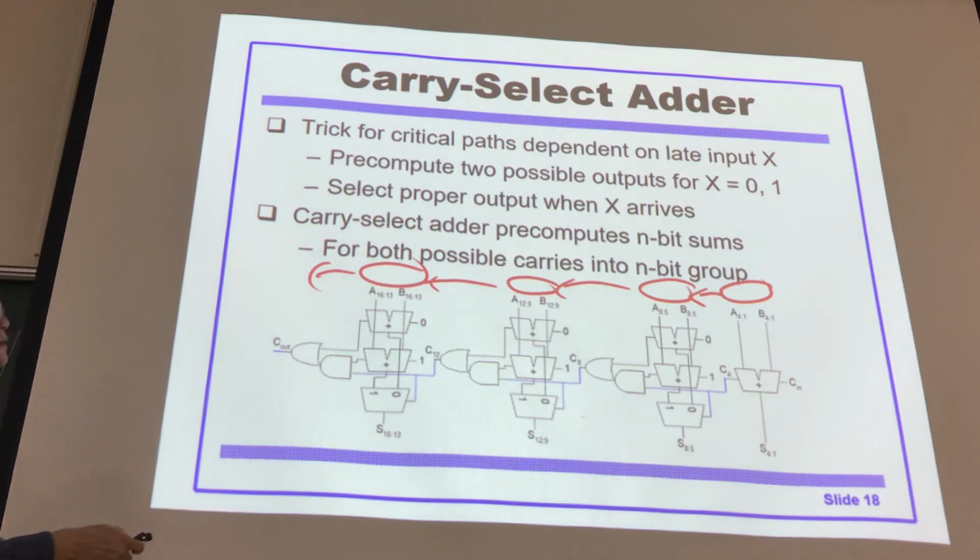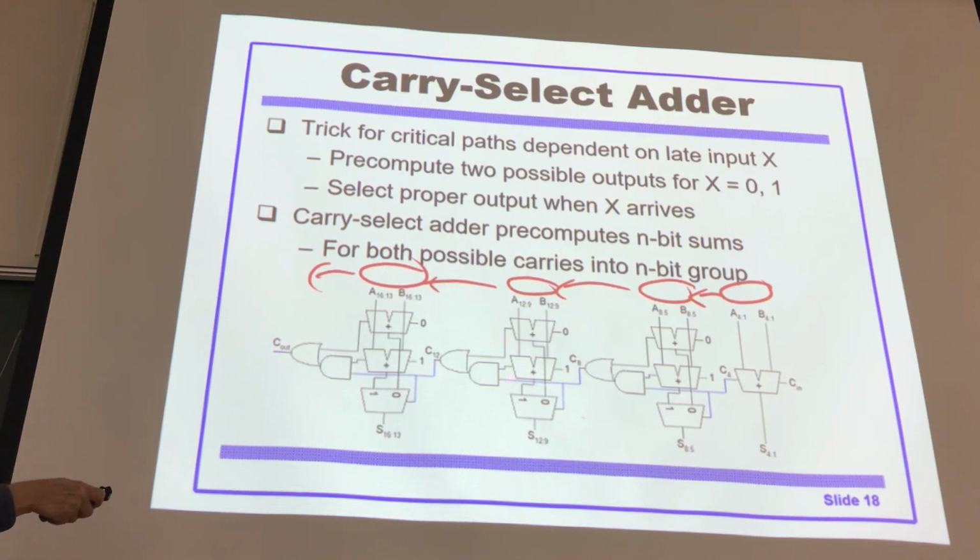And again, we pre-compute, assuming carry in 0, and another version carry in 1. Pre-compute these 2 versions, so you get this carry out already. We still don't know which one. But right after you get C8, then you know which one you should choose. So this is actually similar to a 2-to-1 multiplexer.